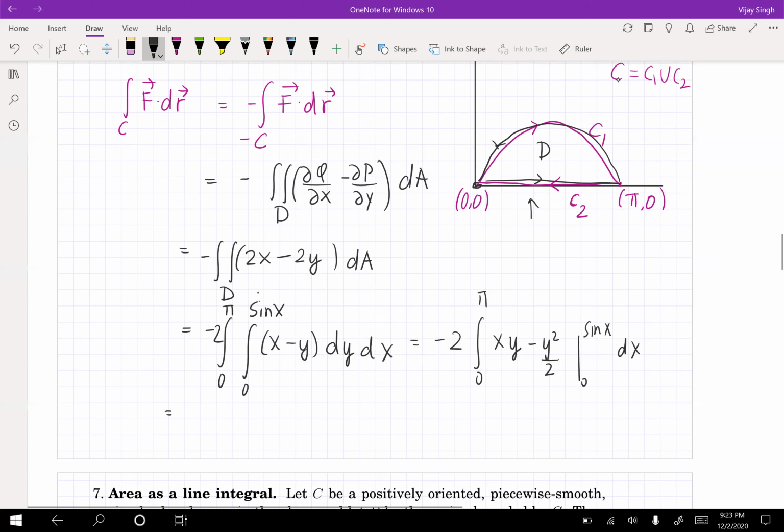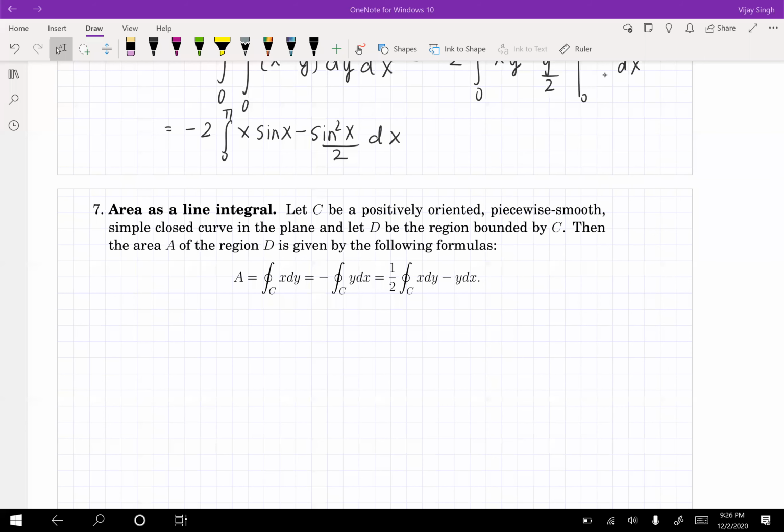Now that can be written as minus 2, integral from 0 to pi, of x sine x minus sine square x divided by 2, dx. And the computation shows that this is going to be minus 2 times 3 pi by 4, which is going to be minus 3 pi by 2.